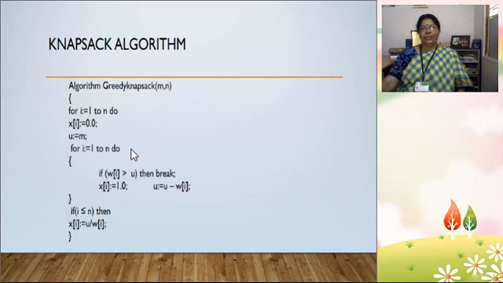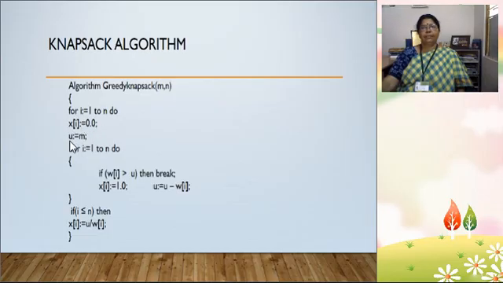So the algorithm for greedy strategy with solving knapsack. Algorithm greedy knapsack, M, N. M is the knapsack capacity, N is the number of inputs. For I equal to 1 to N, let us assume initially all the Xi's are set to 0.